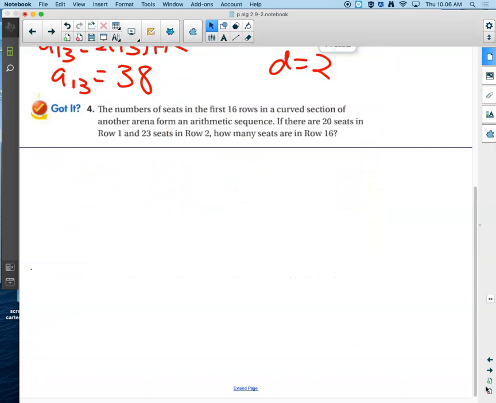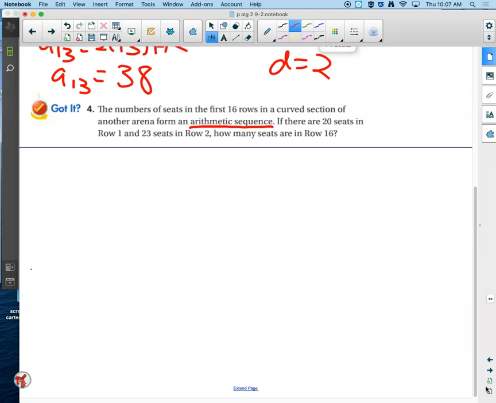I got it. The number of seats in the first 16 rows in a curved section of another arena form an arithmetic sequence. If there are 20 seats in row 1 and 23 seats in row 2, how many seats would be in row 16? So, what are we going to do?